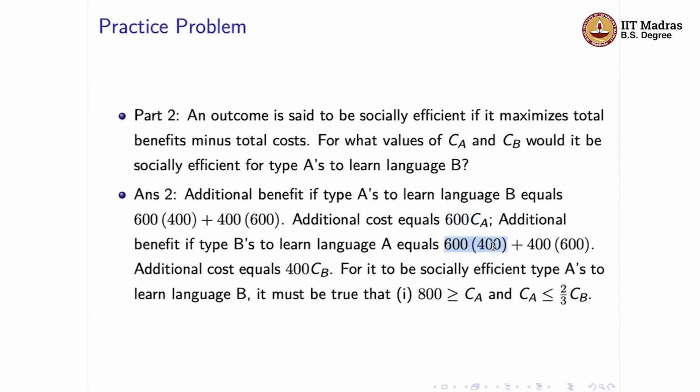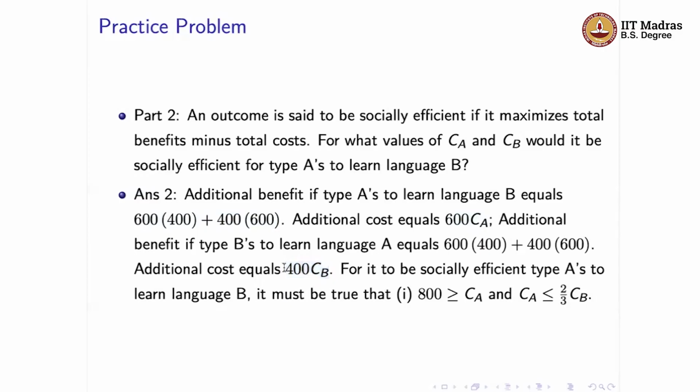So that increase in benefit is 600 multiplied by 400. And it benefits all of the 400 speakers because they can now speak with type A people, so that increase in benefit is 400 times 600, right? So this is the total increase in benefit. And if you notice, this is actually the same as if all the type A's learned language B. And if the type B's were the ones learning, then the total cost would go up by 400 CB, right?